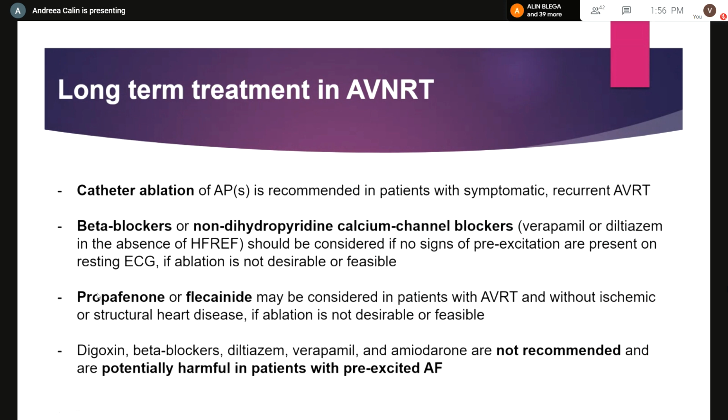And also in these patients with atrioventricular reentrant tachycardia, we can give propafenone or flecainide if there is no ischemic or structural heart disease and ablation is not feasible.